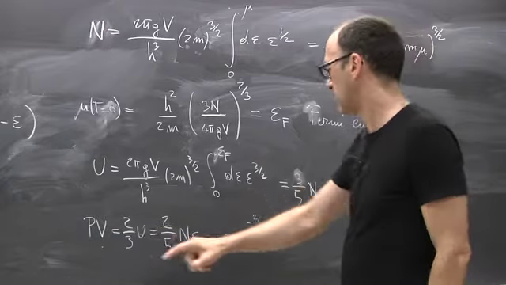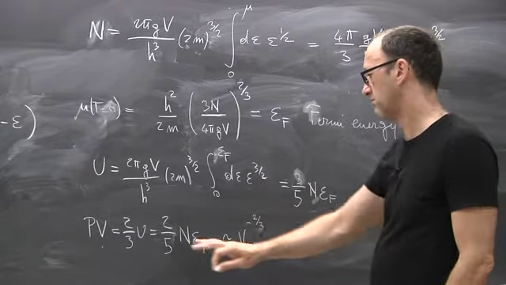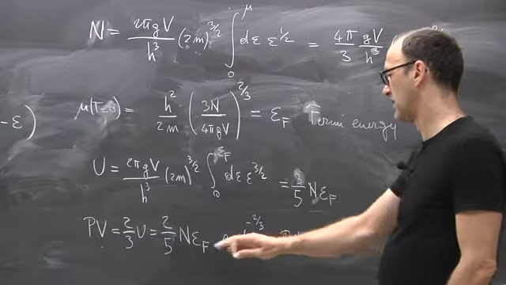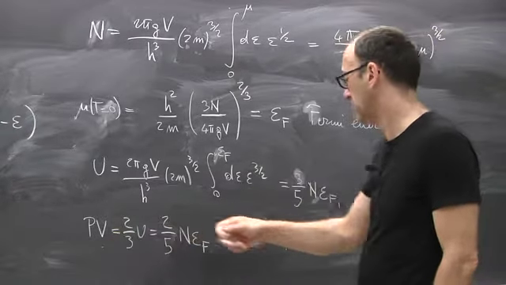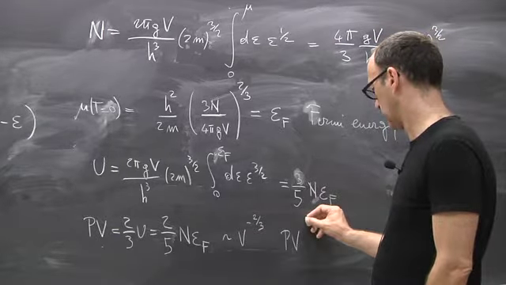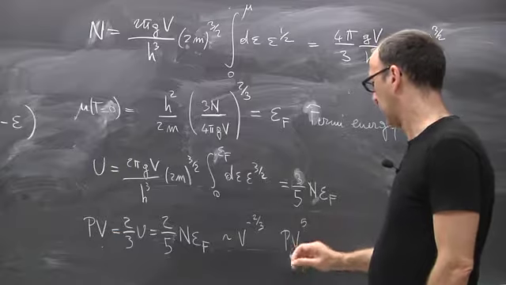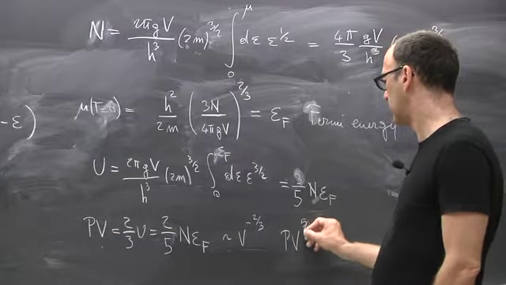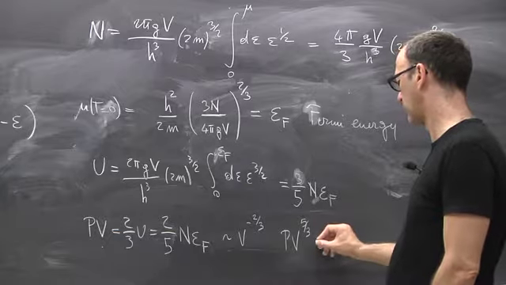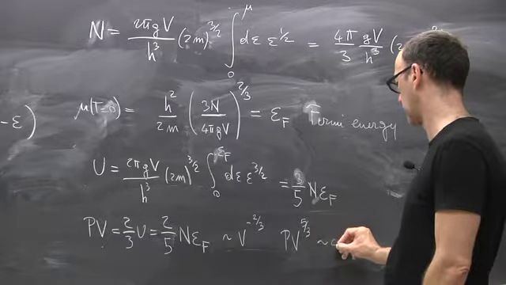You have that at 0 temperature, you have a relation between P and V which is similar to the one of the ideal gas, so that PV to the 5/3 is constant.